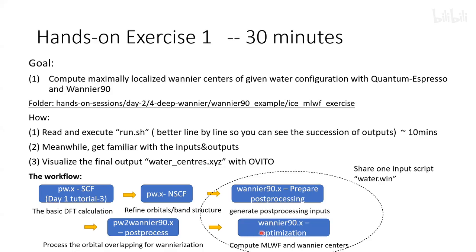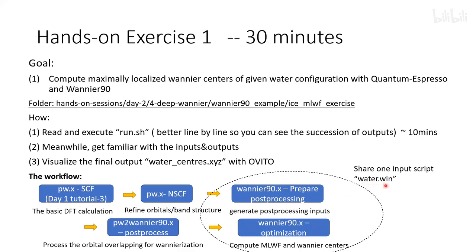Finally, the Wannier90 code can work on the optimization and deliver the coordinates of the Wannier centers to you. After finishing, you can download the atomic configuration and visualize the Wannier centers with Orbital.